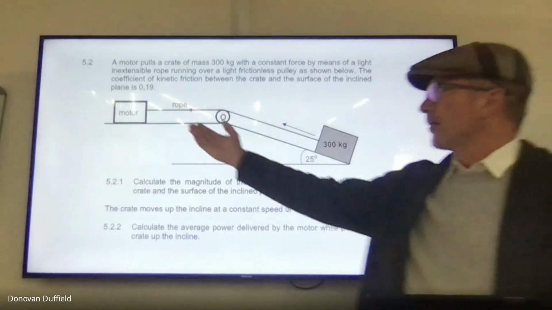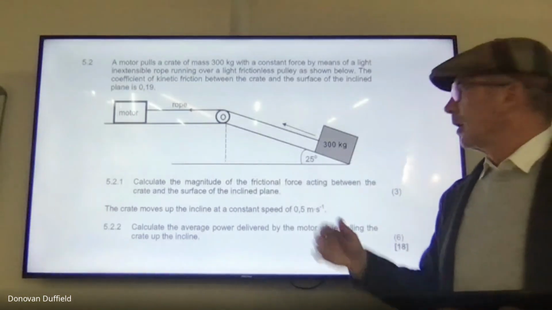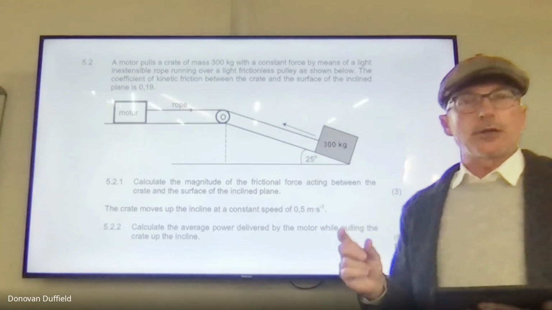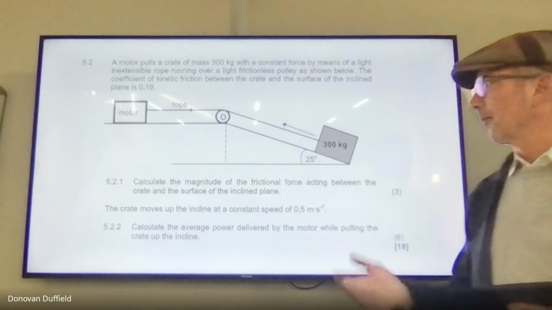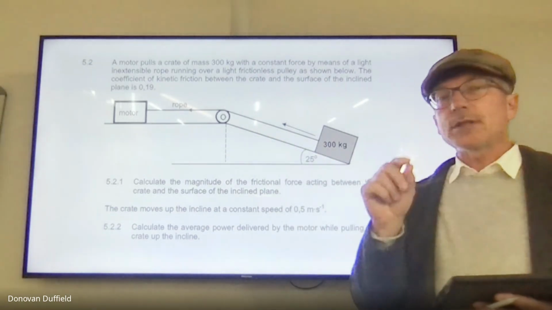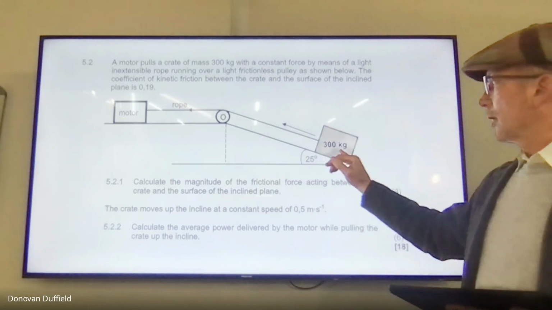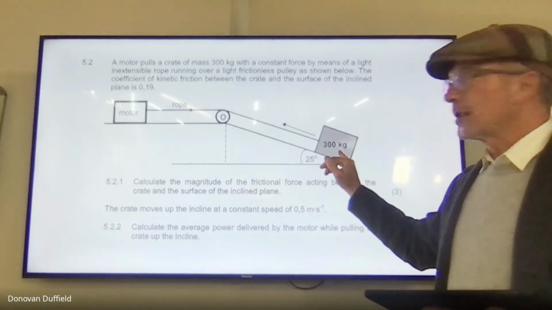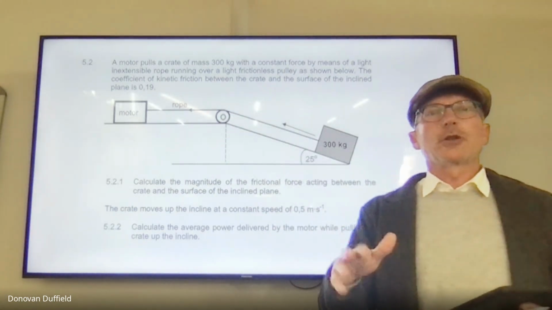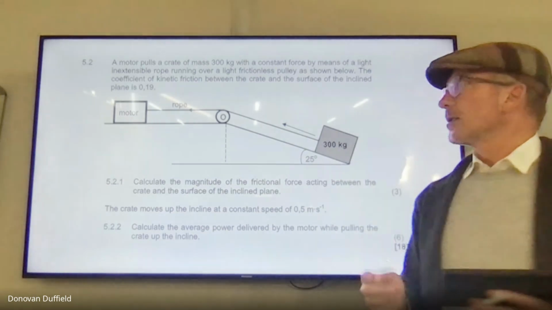In this case, you would see that the motor would be increasing the potential energy. So the change in potential energy would be greater than zero because it's increasing in height. And if it's accelerating and the velocity at the bottom of the slope is smaller than the velocity at the top of the slope, then the change in kinetic energy would be greater than zero.